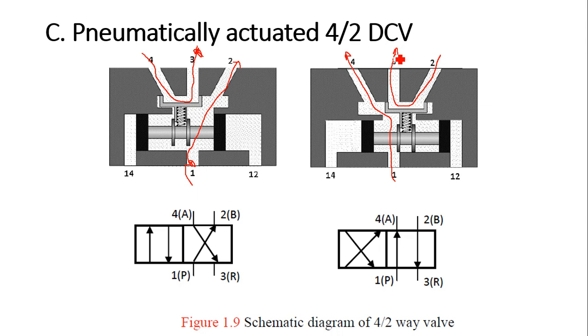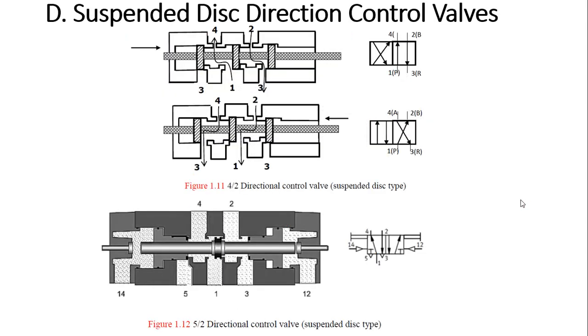So both are verified. Now you understood how these directions are there. 1 is always the inlet, 3 is always the exhaust. So 2 is connected to 3, and that direction will always be like this. Understood? Okay, let's move further.